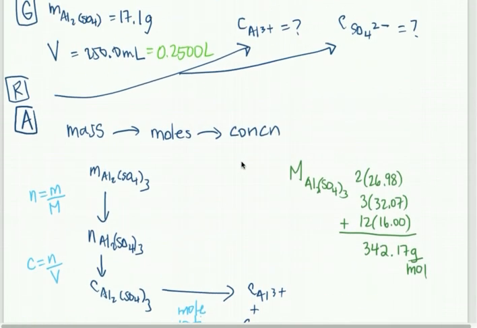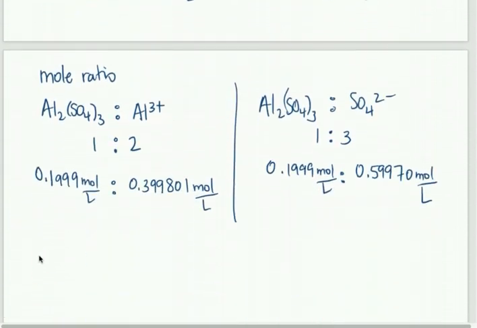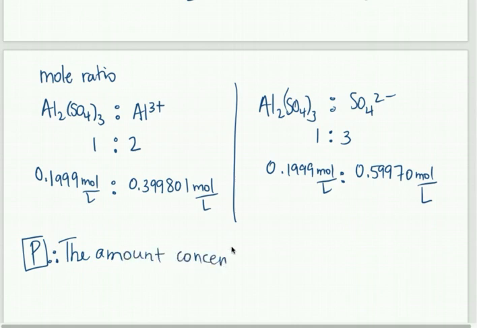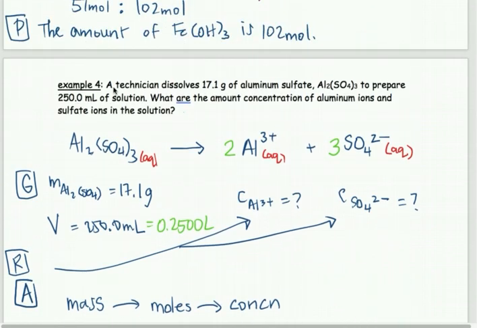All right, and so then what are the amount concentrations for both of those? Make a therefore statement. Therefore, the amount concentration for the aluminum ions are, let's look at how many digits to round to here. So 4 digits here, 3 digits there.